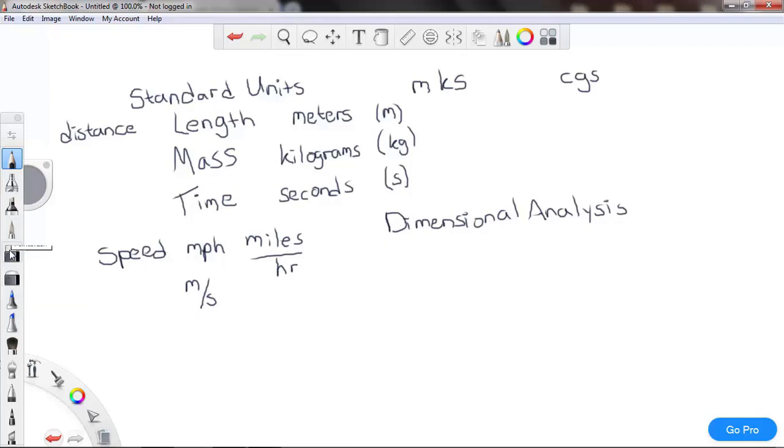I'm going to erase my little CGS here for a second because I want to build onto this list that I've made. So I have my quantity, length, mass, and time, the units that it's in, meters, kilograms, and seconds, and the abbreviations for those units. I'm also going to write down the dimension.